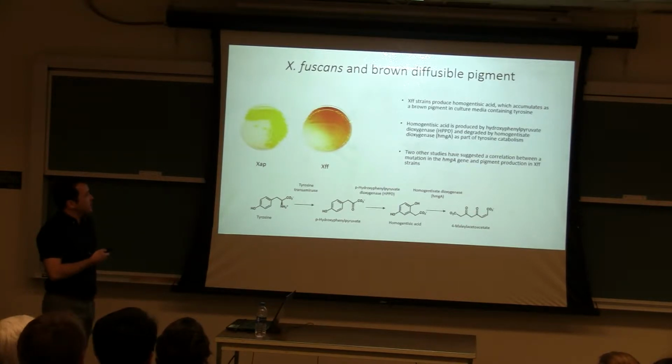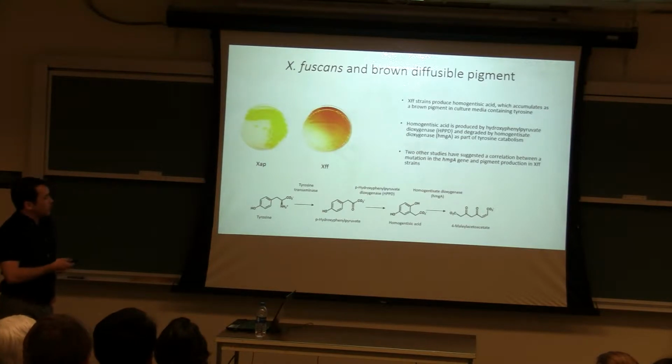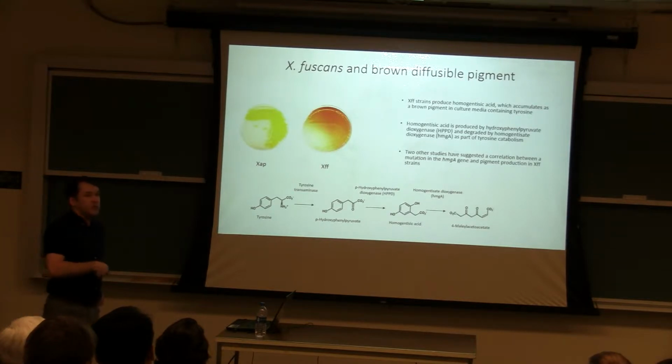So at least in Fuscans, this is correlated with a loss of function in this gene, homogentisate dehydrogenase, HmgA, right? The thought is that this gene gets knocked out through some mutation, right? Homogentisic acid accumulates, and it's secreted into the culture media where it's oxidized and forms this brown pigment, right?